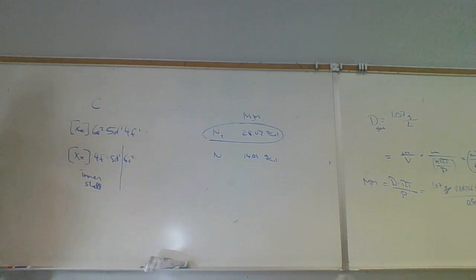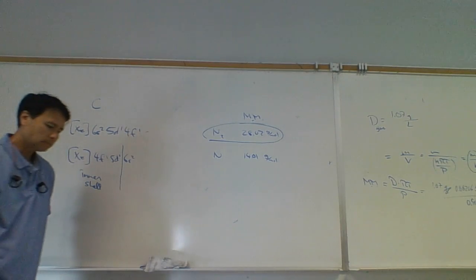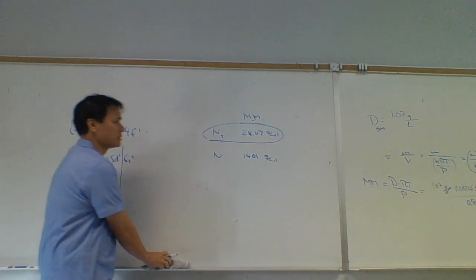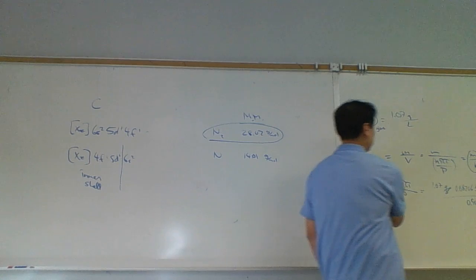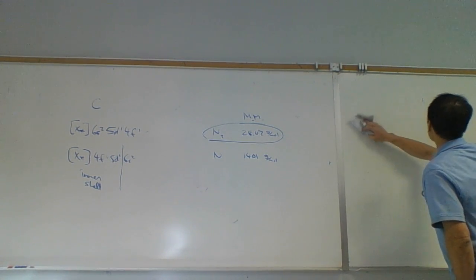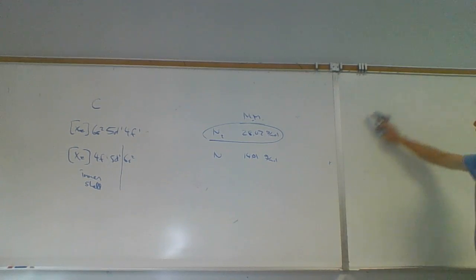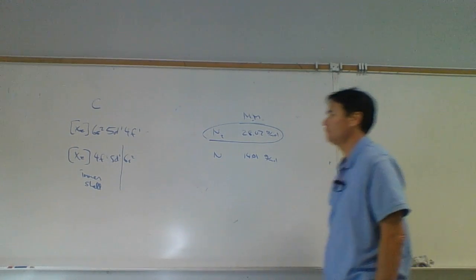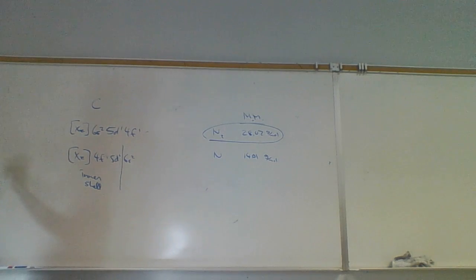It's like in the Bohr orbits. I didn't spend much time talking about the Bohr orbits, but the Bohr orbits have some quantum mechanical relevance to them. Like the first Bohr orbit, the distance is like 53, 54 picometers.